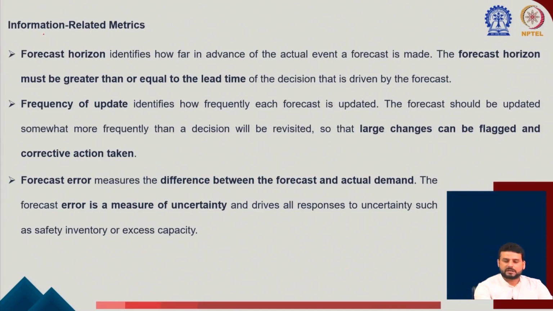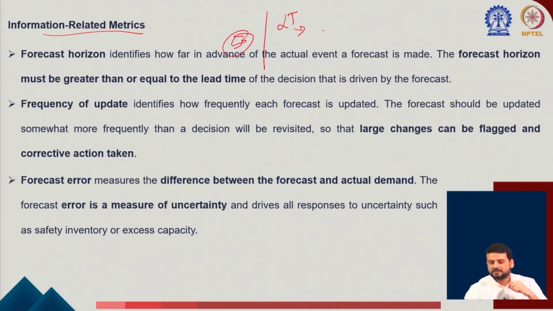What are the information-related metrics, the performance parameters related to each driver? With respect to information, forecast horizon is very important: for how long a period you are forecasting. Let's say you forecasted 50 quantity for tomorrow, but the lead time is maybe 3 days.